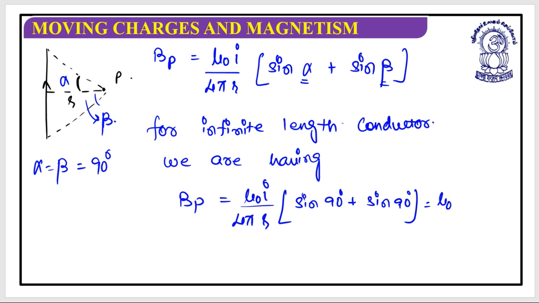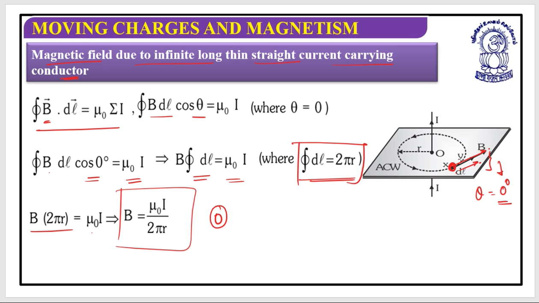So this equals mu naught I by 4 pi r multiplied by 2, which is mu naught I by 2 pi r. It was the same result. So according to the Biot-Savart law as well as Ampere's circuital law, the relations are the same.